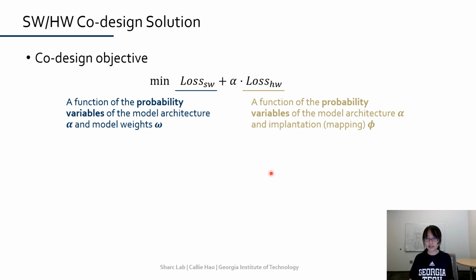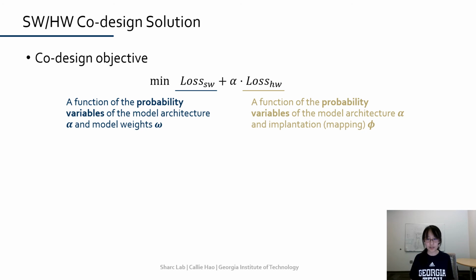The key here is that these loss functions must be functions of the probability variables, either the model architecture variables or the implementation variables. This is because during the search, what we're actually doing is trying to update these probability variables iteratively through backpropagation, assuming that we're using gradient descent. And these probability variables will finally decide how we're going to choose the final model and the final implementation mapping.